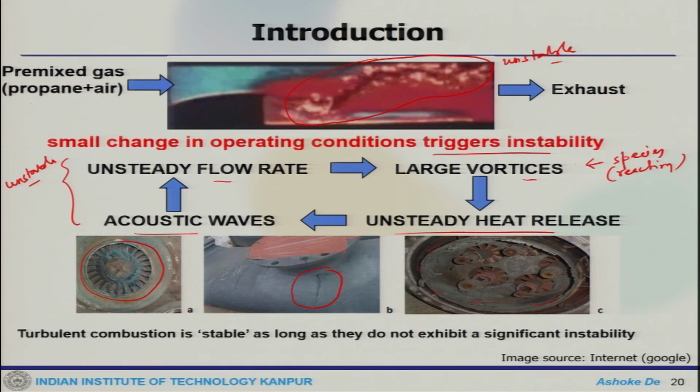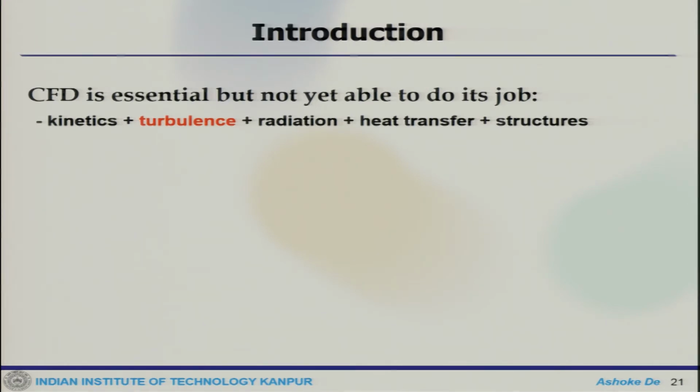So, this kind of instability has a huge impact on the operating conditions as well as on the materials point of view. One can think of turbulent combustion as a stable one as long as it does not exhibit any significant instability.